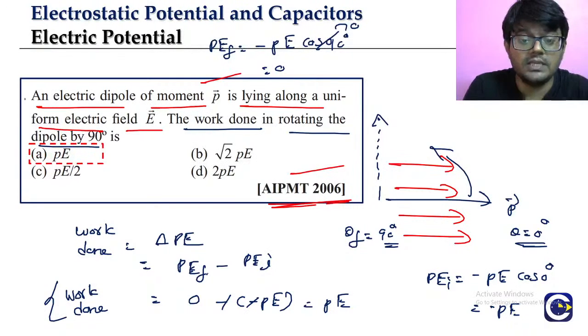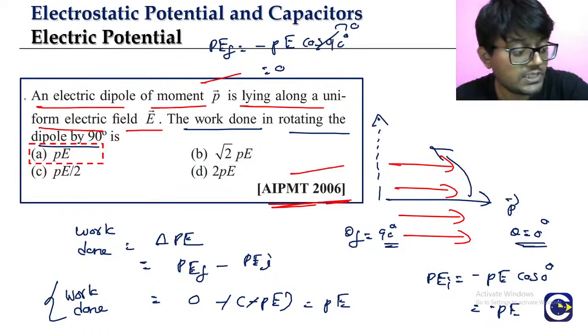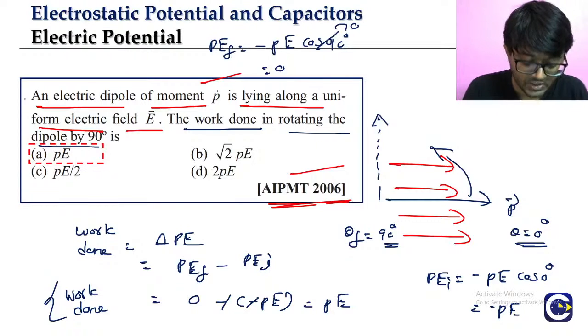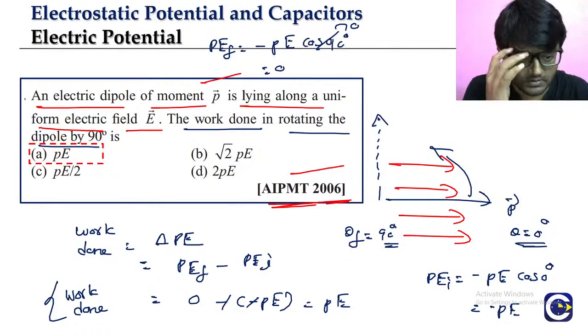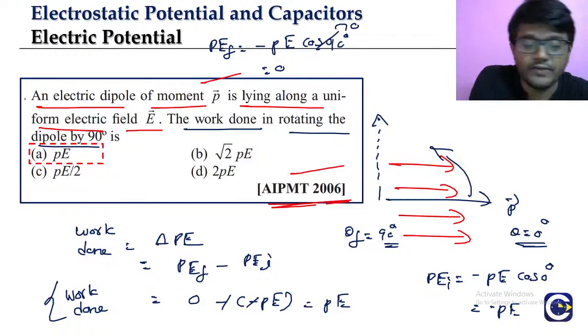The formula is always this one: work done is final potential energy minus initial potential energy, that's all. This is the kind of question we can expect on the potential energy of the dipole in a uniform electric field.